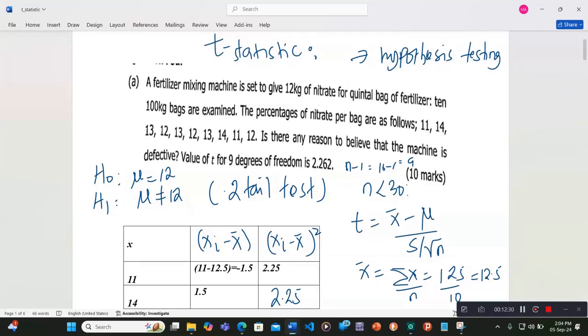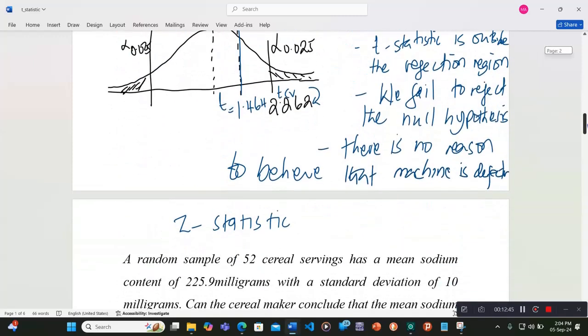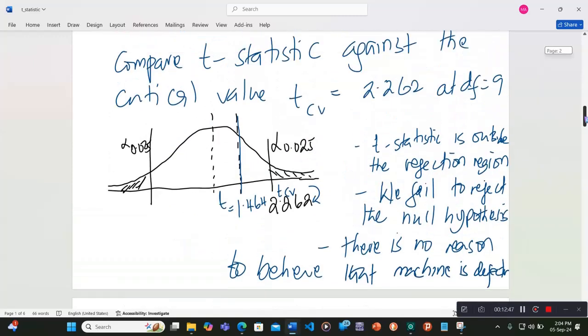And so if we cannot reject the null hypothesis, it means there is no reason to believe that the machine is defective. So that's basically how we can answer this problem.